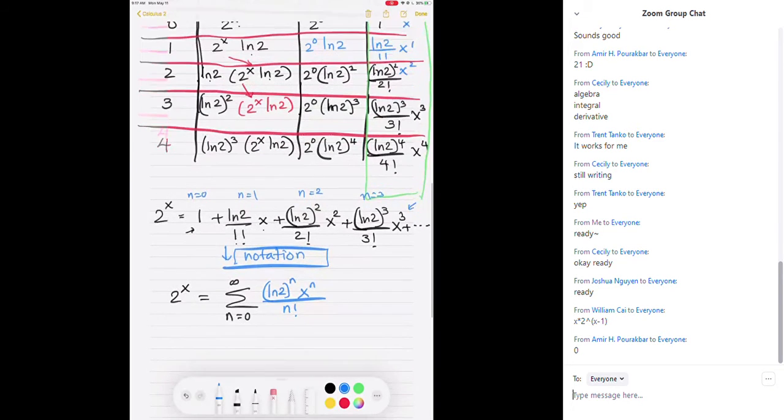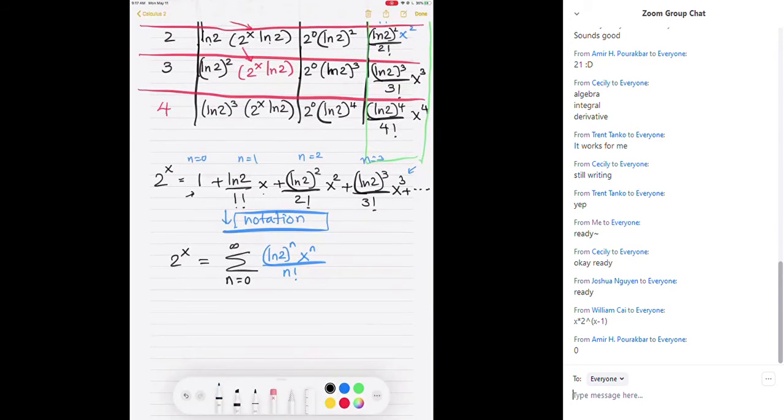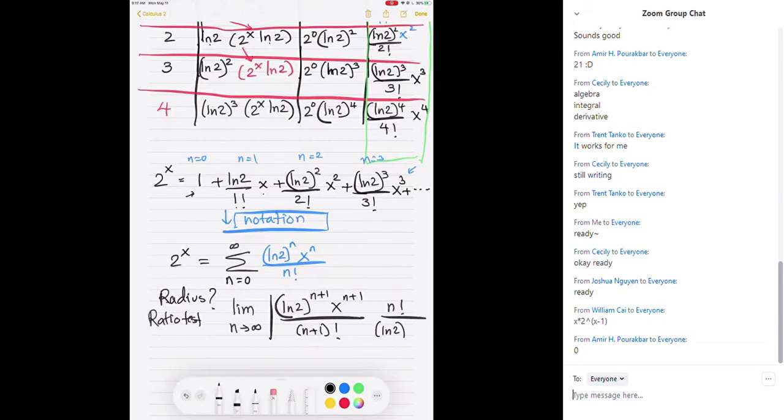You want to find the ratio, so the radius of convergence. Let's use the ratio test, which is going to be the limit as n approaches infinity of ln2 to the n plus 1, x to the n plus 1, n plus 1 factorial, over n factorial, ln2 to the n, x to the n.